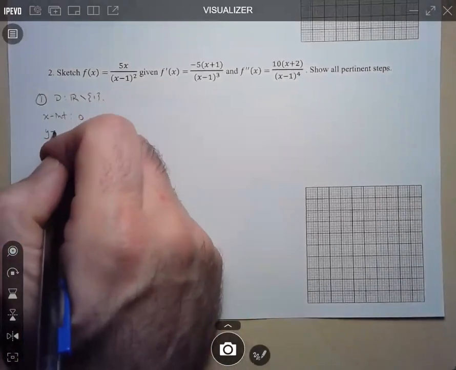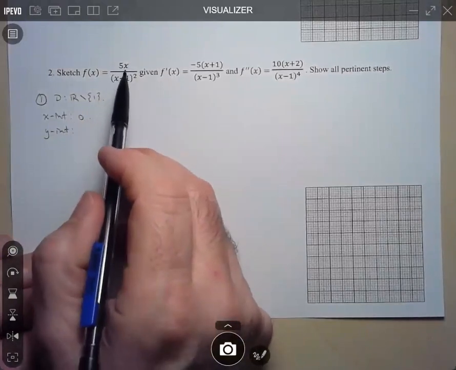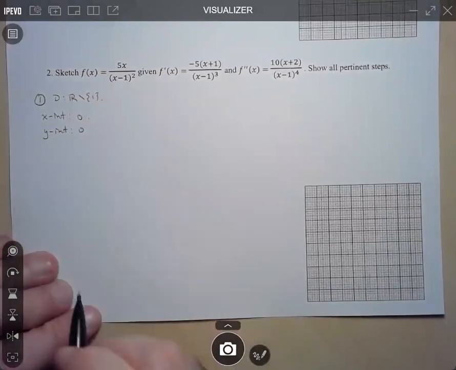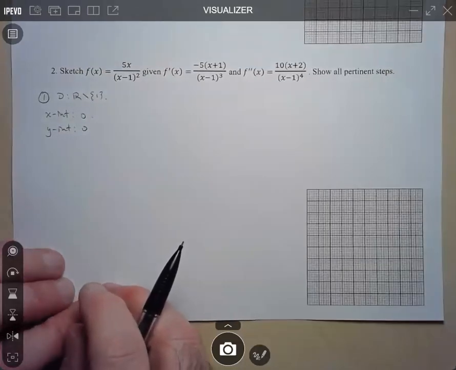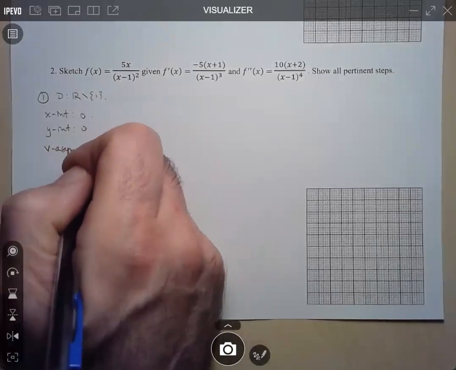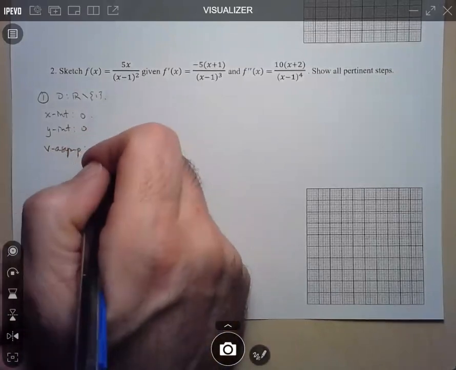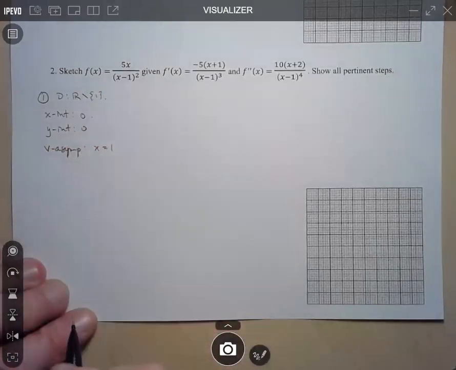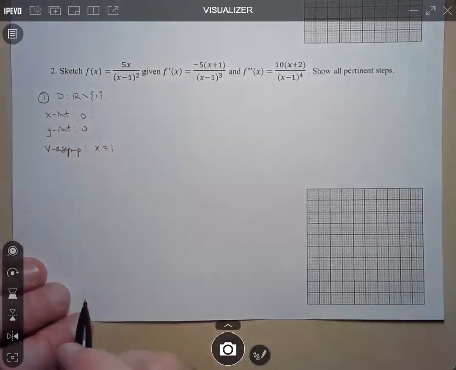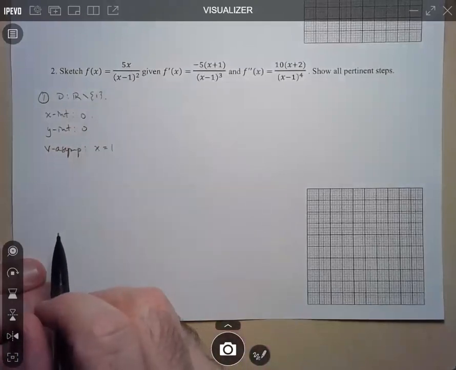And the y-intercept, if I input x equals 0, will also just give me 0. So it passes through 0, 0. Next let's look for our vertical asymptotes. The only one I'm going to have is at x equals 1. All right. No holes because there's nothing that's going to simplify from this here.